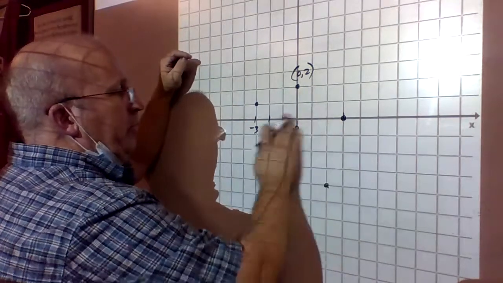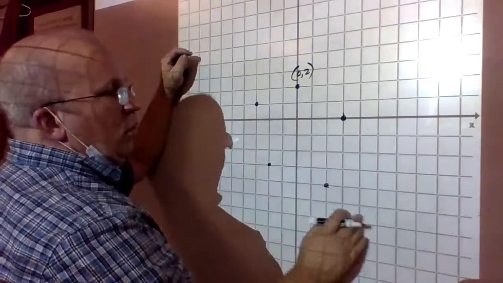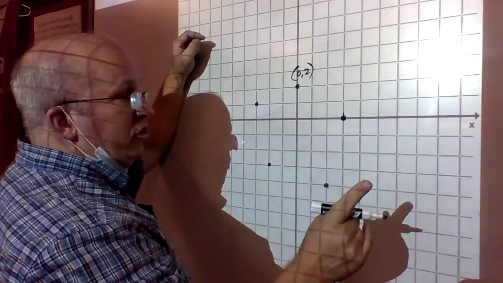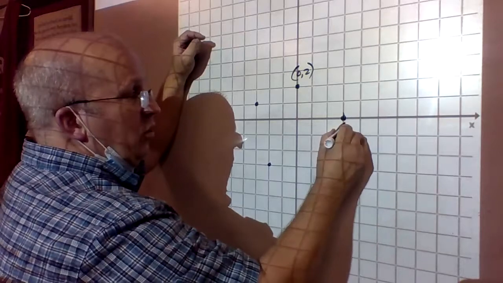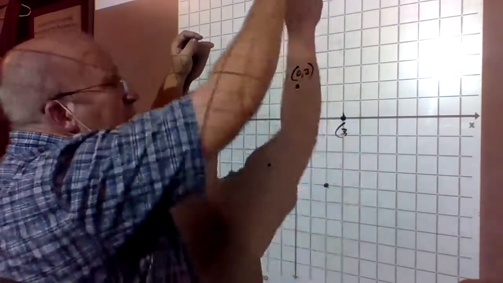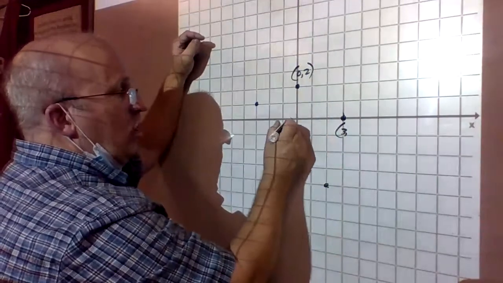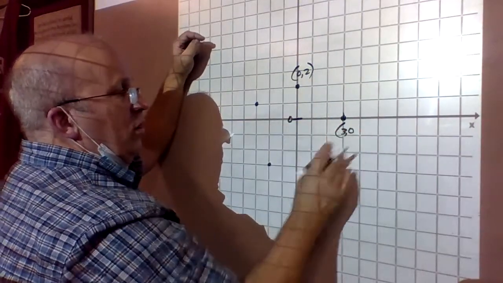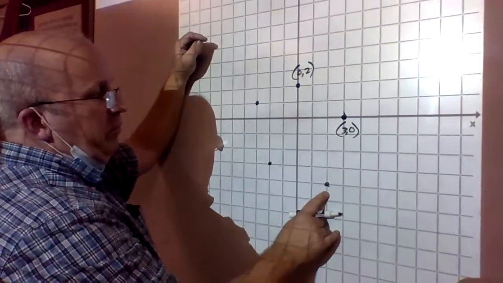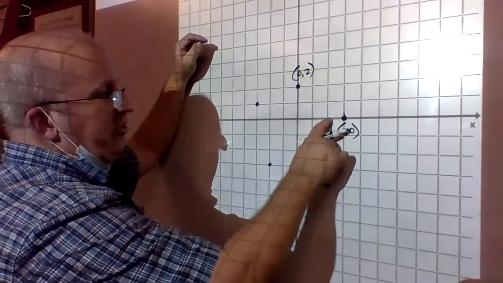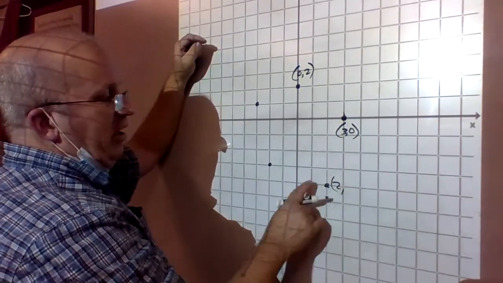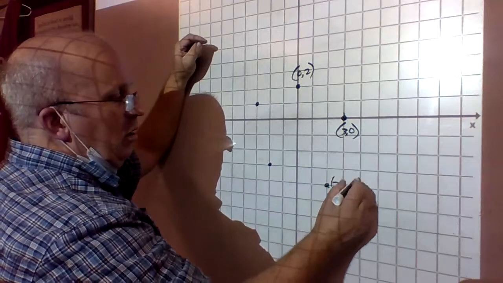Okay, enough of that. And what about the other dots? Where's this one? First of all, where is it in relationship to the x-axis? It's at location 3. Where is it in relationship to the y-axis? It's at 0. So that's our location for that one. How about this one right here? In relationship to the x-axis, it's at 2. In relationship to the y-axis, it's at -4.